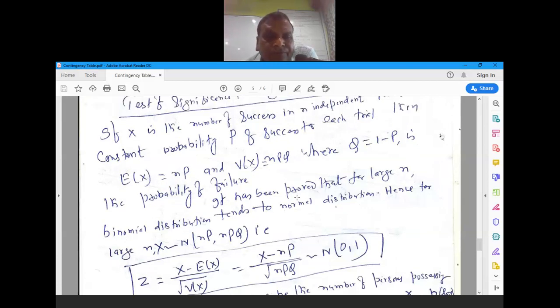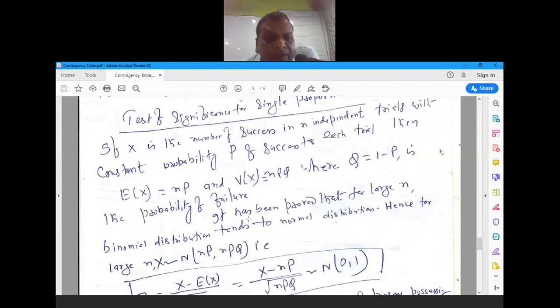Here the expected value of x, that is the mean of binomial distribution, is equal to np, and the variance is equal to npq, where q is equal to 1 minus p.